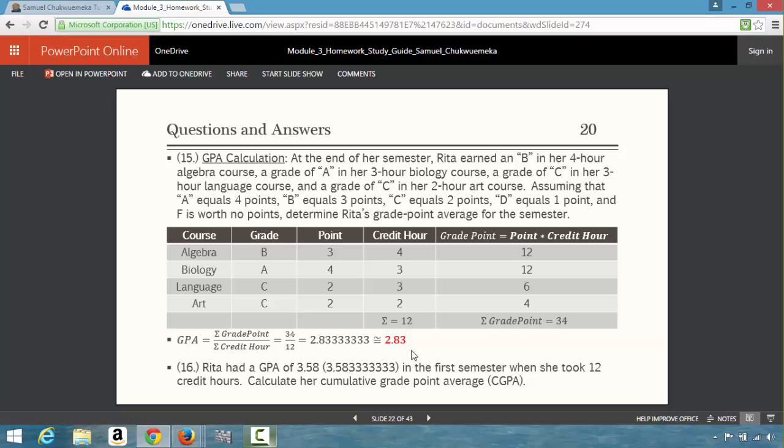That's our GPA. In the United States, it's programmed. You have computer programs, and I would have loved my students to know how to write one. You can easily write a computer program in Visual Basic that can calculate this. But it's also good to know how to do it.